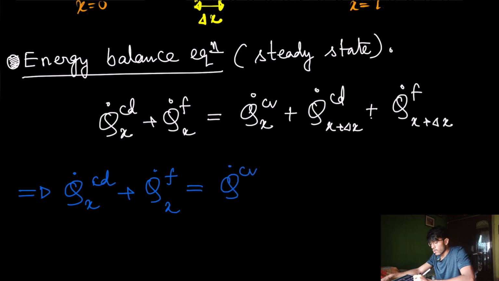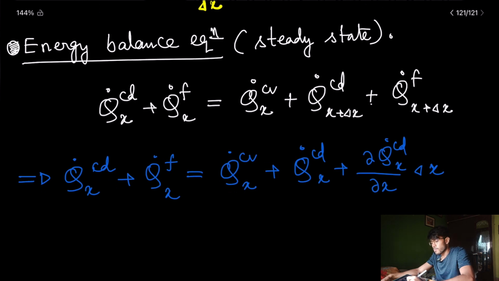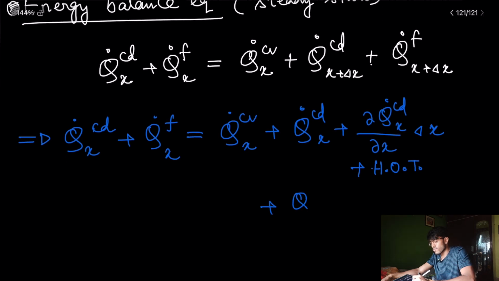So this is Q dot conduction at x. Now I can write this as at x plus del q conduction at x by del x into delta x, plus the higher order terms, and similarly I can write the flow term like this, plus the higher order terms.